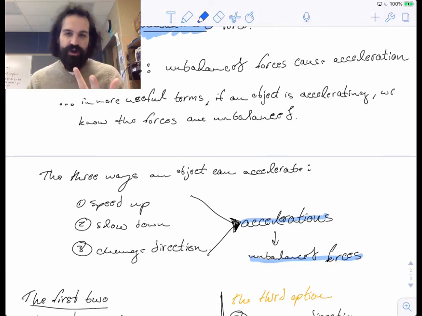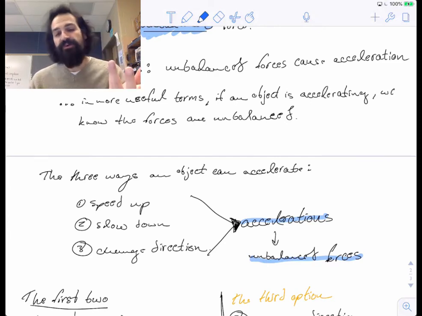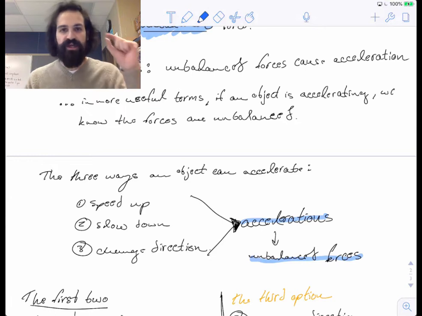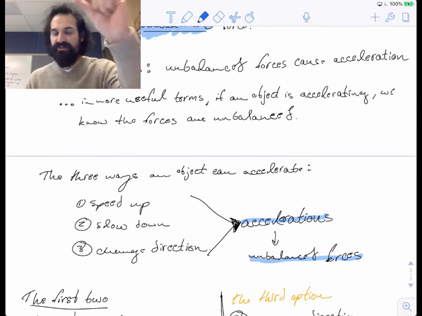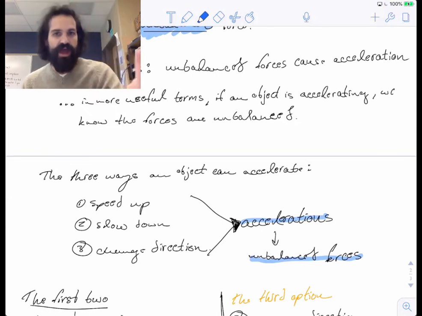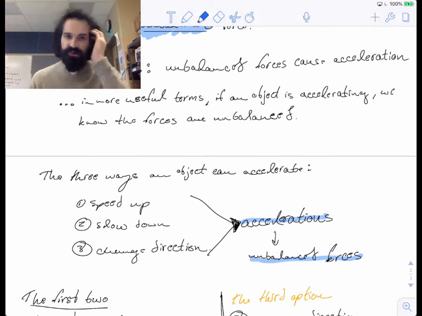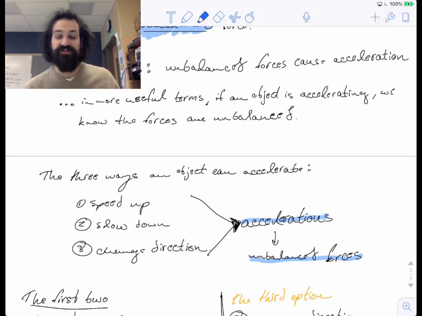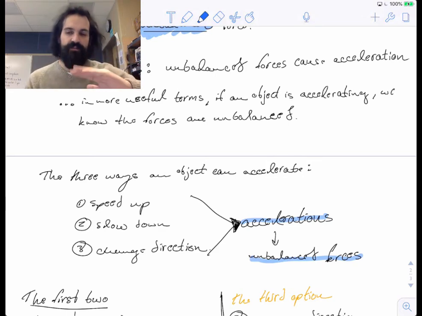Or if we switch the equation around and solve for acceleration, and this is how it appears on the AP Physics equation sheet, acceleration is the unbalanced force divided by mass, or a equals F net over m. Acceleration is the net force divided by the mass. So obviously more force means more acceleration, and more mass, because it's in the denominator, would mean less acceleration. That makes sense. If you kick a more massive object, it's not going to accelerate as much.